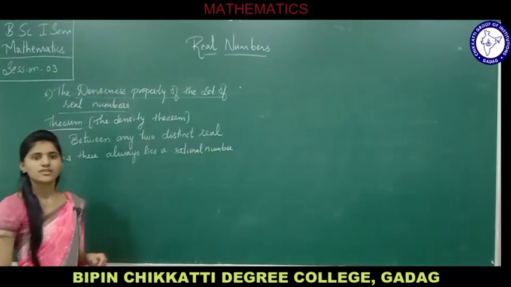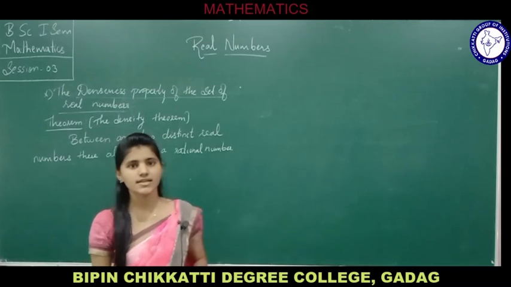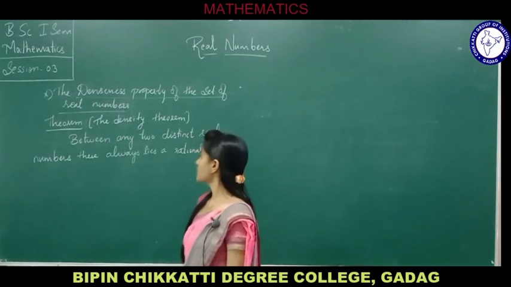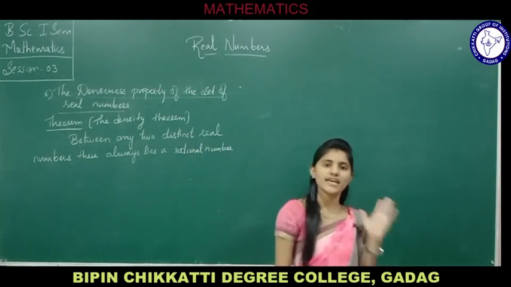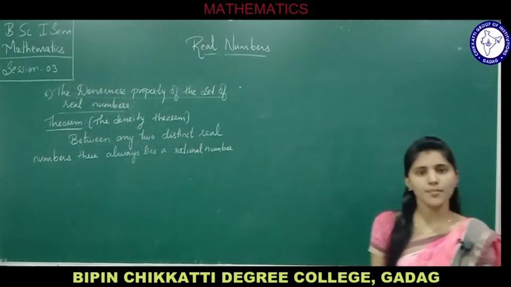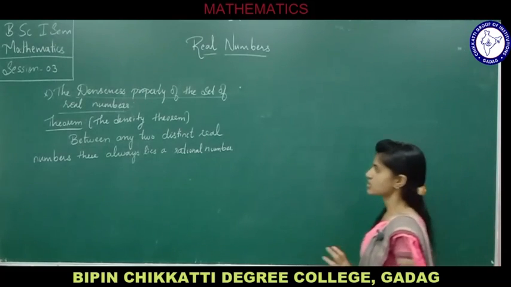See what they have given. What is that density theorem? What does it state? It states that in between any two distinct real numbers, might be any two different real numbers, there always lies a rational number.